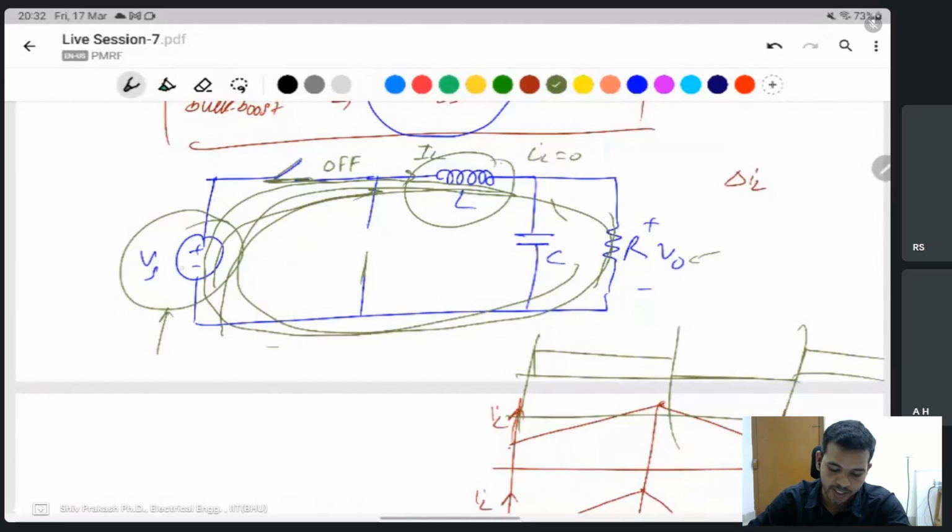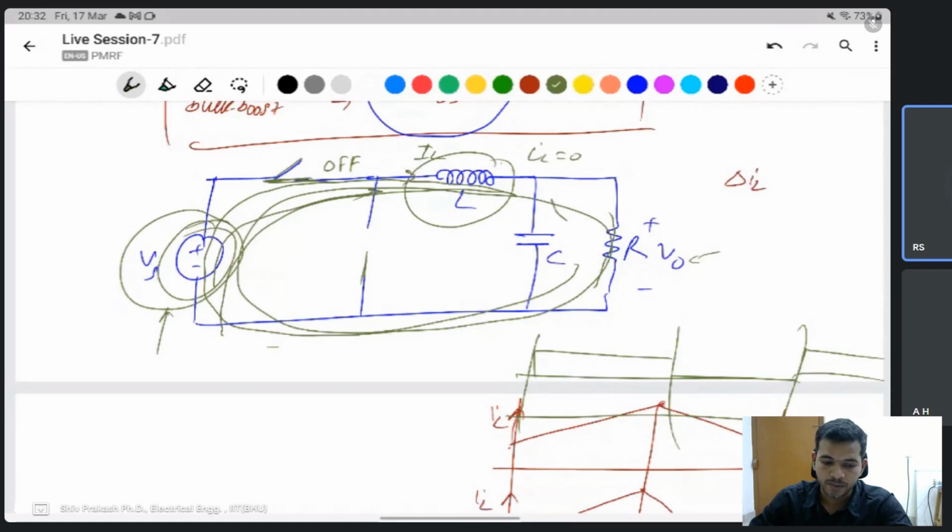It means this is a battery; only a battery can sink and source, no? But if the supply is made with semiconductor switches and a diode bridge, then it is not possible. Only a battery we can do like that.